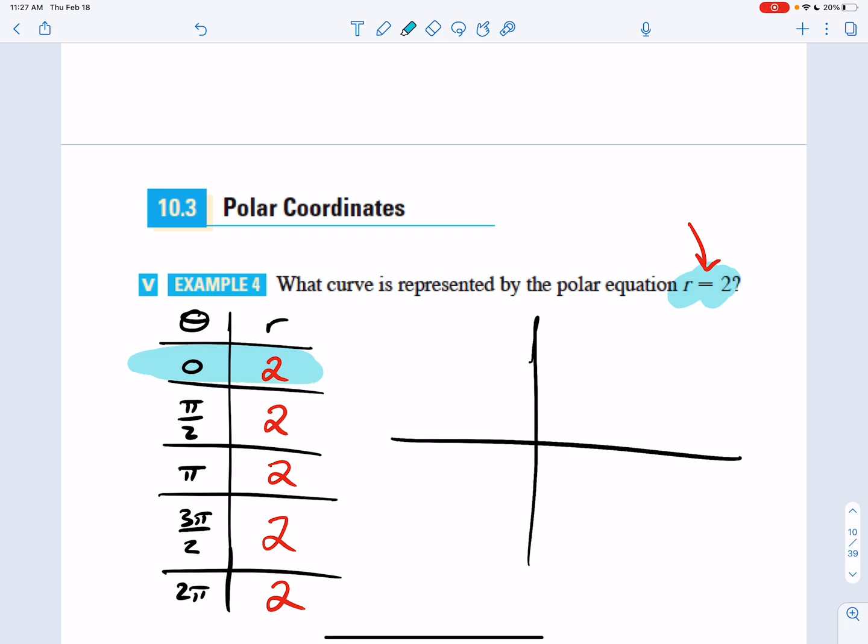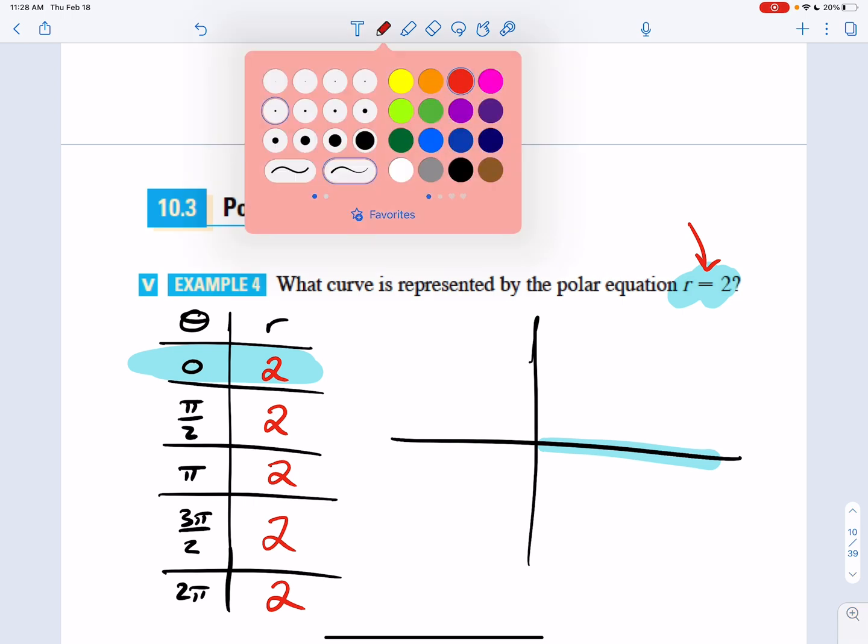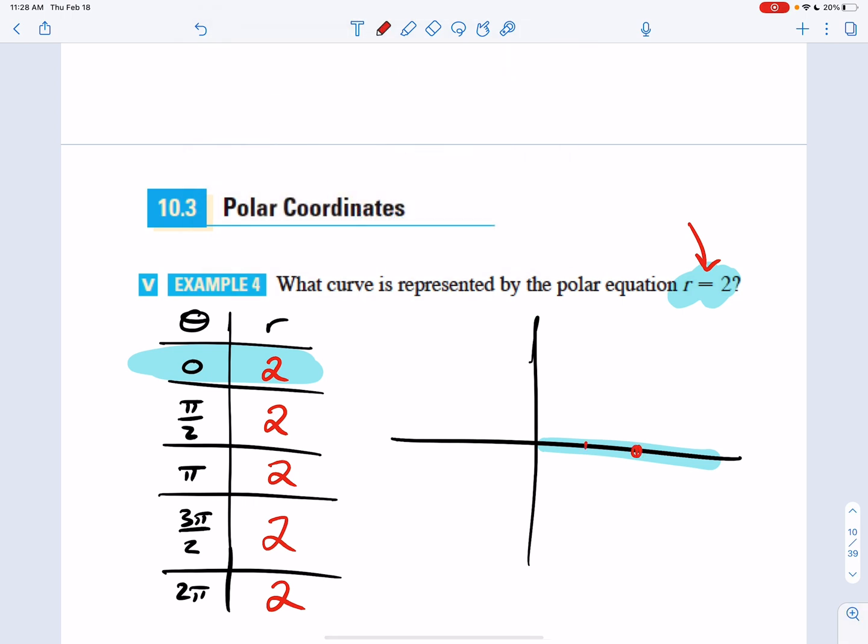Remember, we look at theta first. So at angle 0, you guys know that you're over here on the positive x-axis, because remember, you open up counterclockwise. So at angle 0 radians, you're facing the right. So the radius is 2, so you're going to go out 2 units. So 1, 2, and I'm going to make a point.